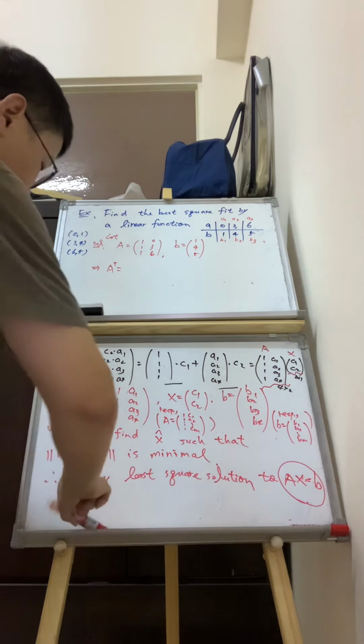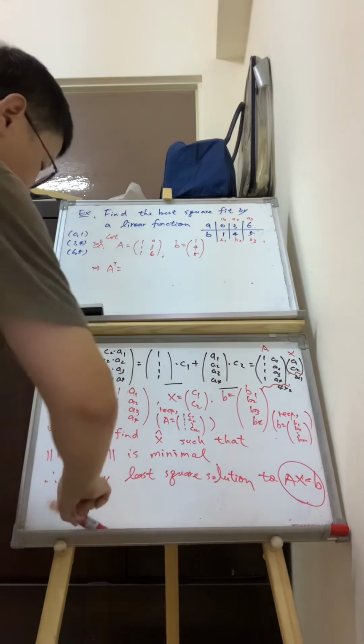then it becomes x1 plus 0 times x2, so x1 equals 1, and x1 plus 3x2 equals 4, x1 plus 6x2 equals 5. So it satisfies these three equations. In these three equations, here x2 equals 1.